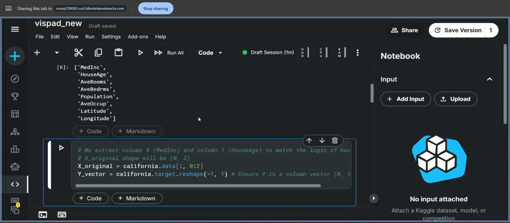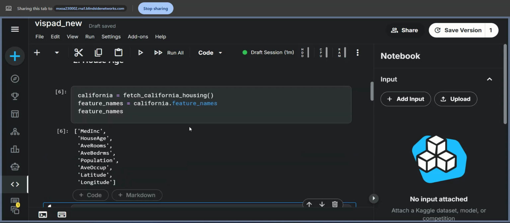If you actually check the size of the data set, it's over 200,000 lines with the eight features, so it's over 200,000 entries, right?